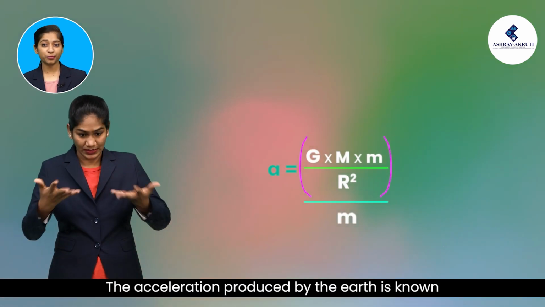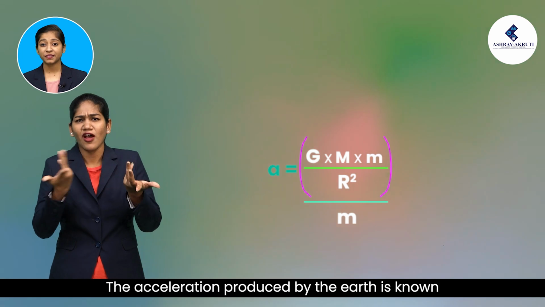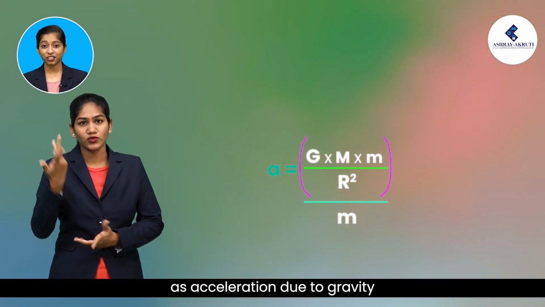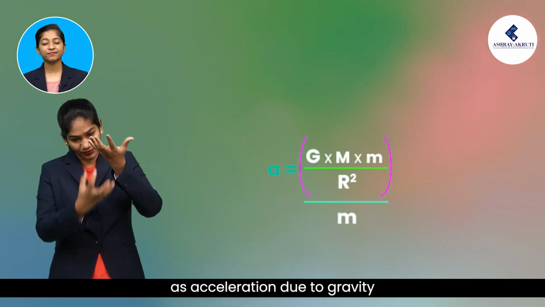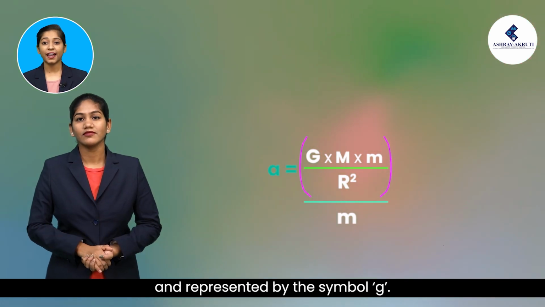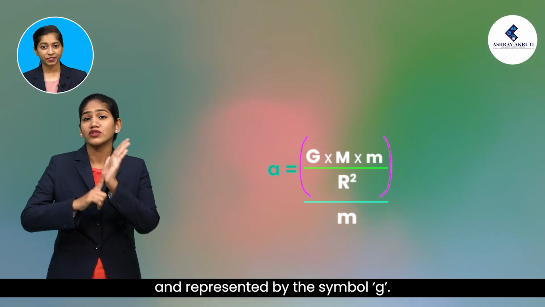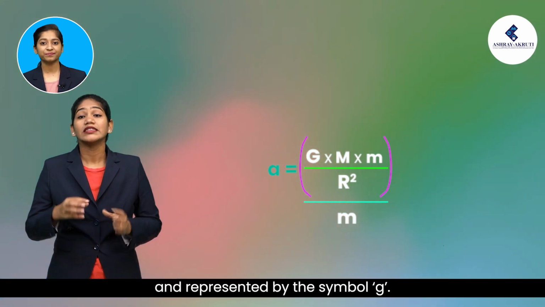The acceleration produced by the earth is known as acceleration due to gravity, and represented by the symbol g.